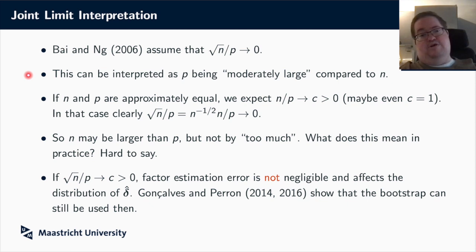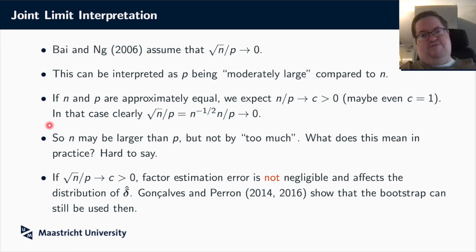That would mean you would have a sample size n and p which are equal. Well, if that's the case, then obviously this is going to be satisfied, because we can write square root n divided by p as n divided by p divided by square root n. So that would definitely go to 0. So you can have n a bit larger still than p, but not too much.